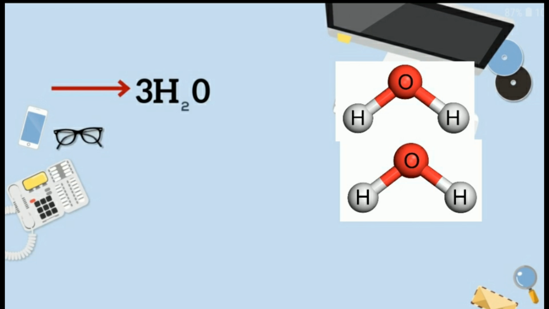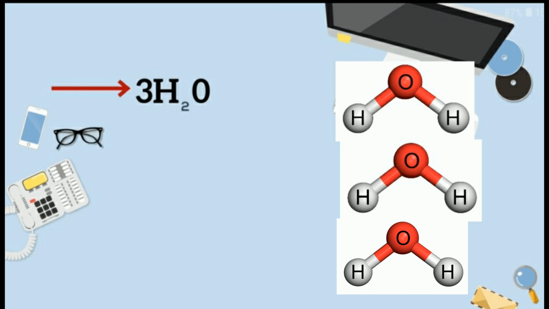If we draw an image of 3 water molecules, notice that each water molecule has 2 hydrogen and 1 oxygen. Altogether, we now have 6 hydrogen and 3 oxygen.